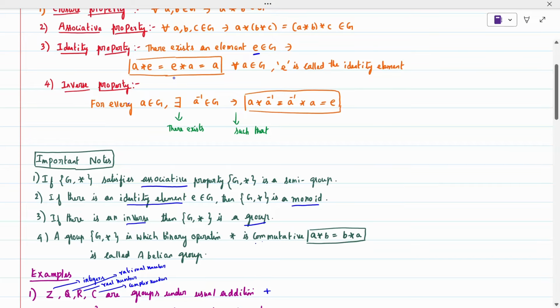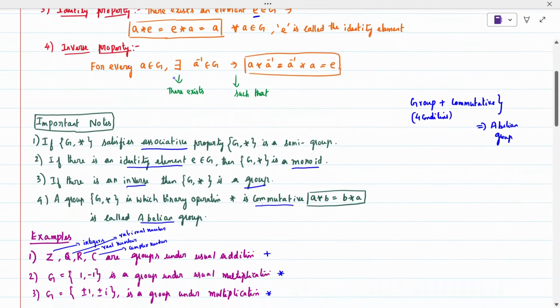Then commutative: additionally, the four conditions of a group plus a fifth condition, commutative. If it is satisfied, then we say that it is abelian. Commutative is nothing but A star B equals B star A. So these are the hints we have to remember.